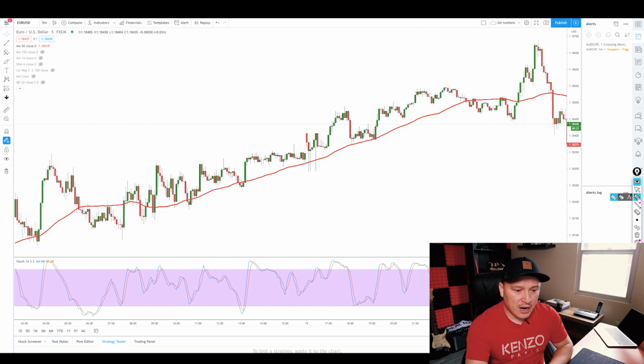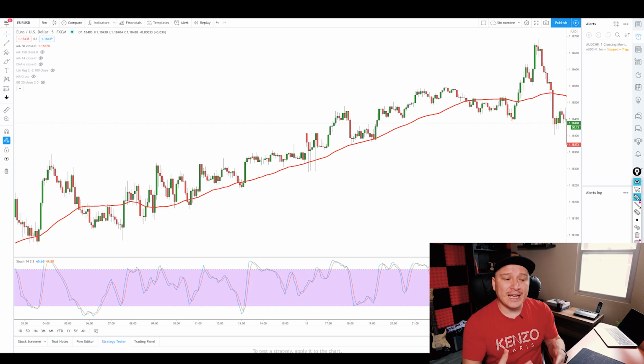As you can see, there are some boundaries at the level of 80 and another boundary at the level of 20. Okay, so what you need to find is when the stochastic oscillator is bouncing around. It always bounces around, but there are moments when it goes above the boundary at the level of 80, or it goes below the level of 20.